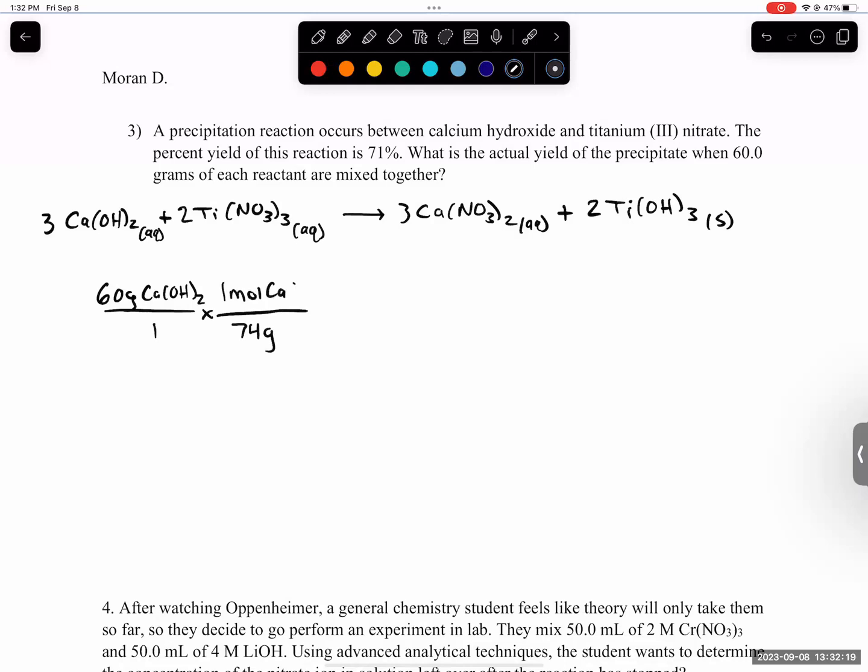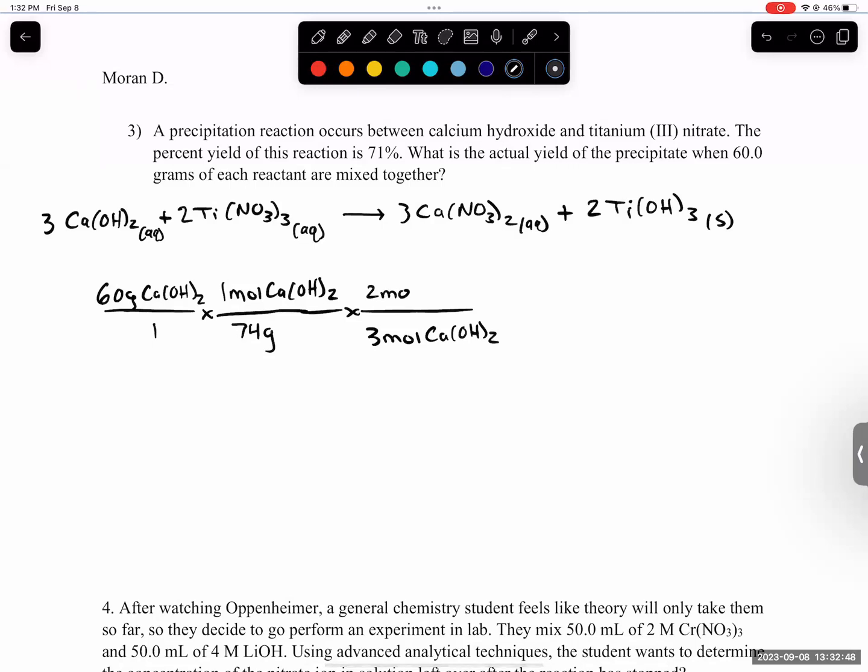For 1 mole of Ca(OH)2. And what are we doing in this little section right here? Wrong thing, getting ahead of myself.